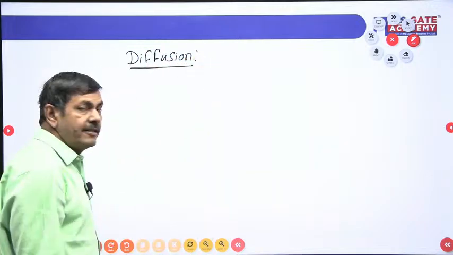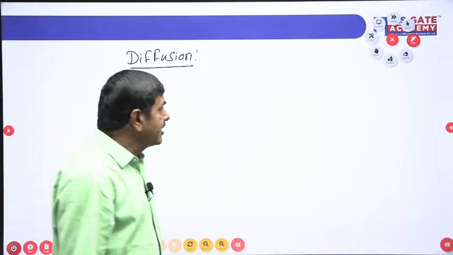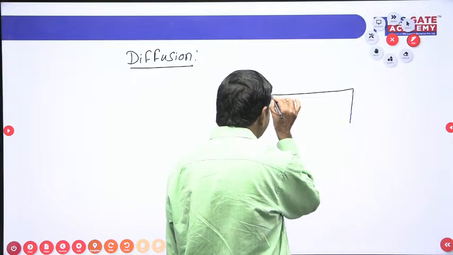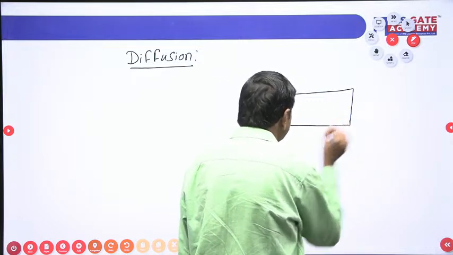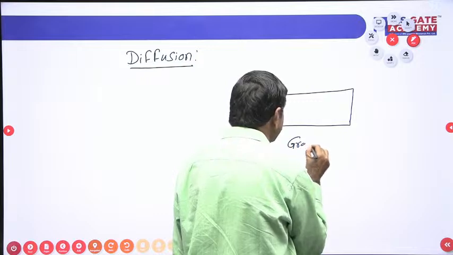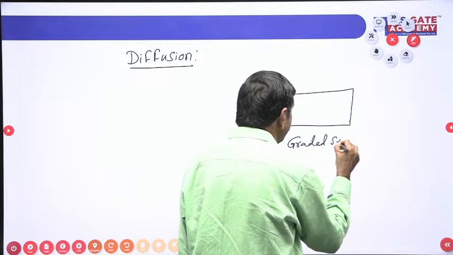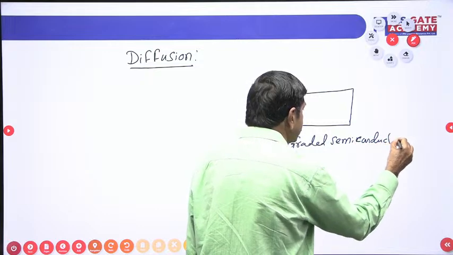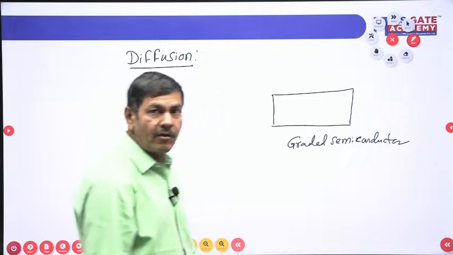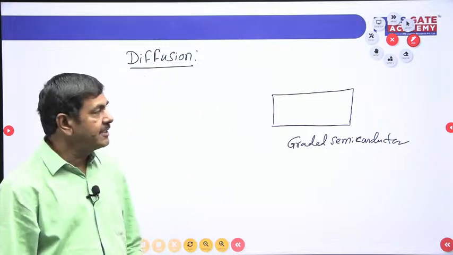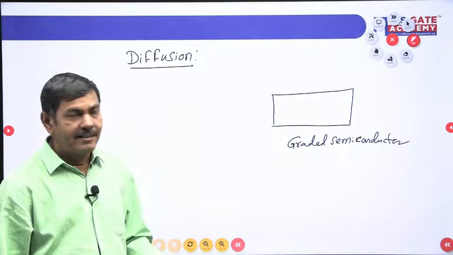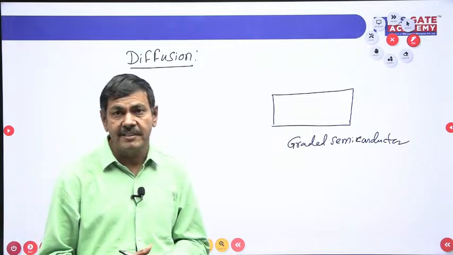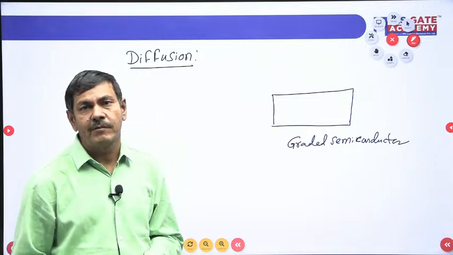How to define diffusion? For example, I selected here a graded semiconductor. Just now I explained that in the graded semiconductor you cannot find the concentration of the charges uniformly. On one side we find a higher concentration of the charges, and on the other side a lower concentration.